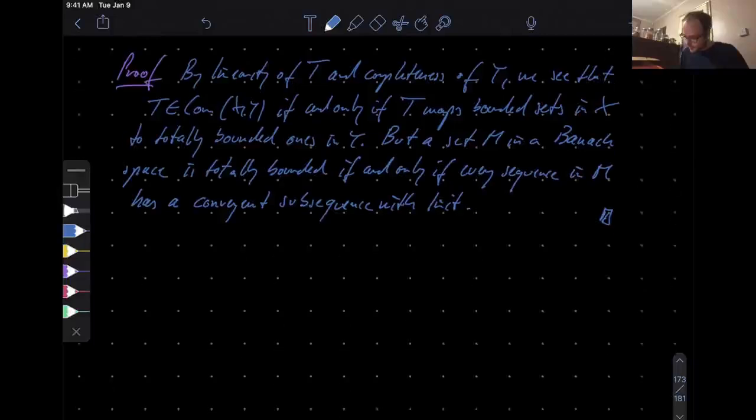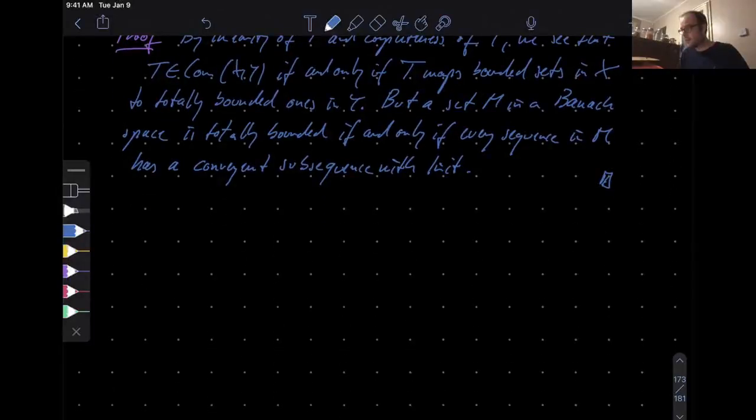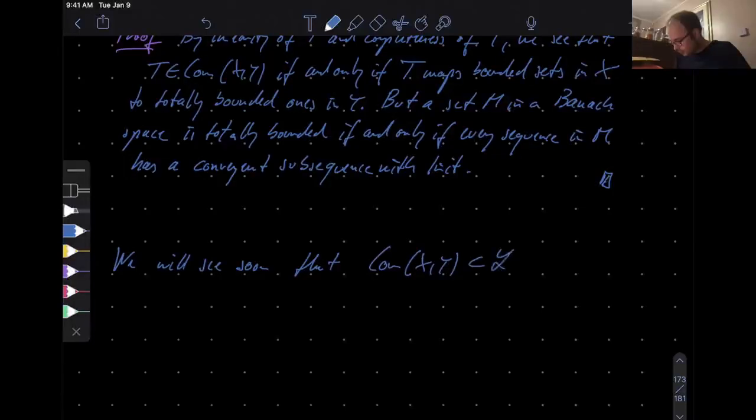All right, so now I already said up front, so compact linear transformations are of course bounded linear transformations, special types, and we will see soon enough that actually, well, let's write it down. We will see soon that COM(X,Y) is actually a proper subset of the bounded linear transformations. So, in other words, not every bounded linear transformation is compact, right?